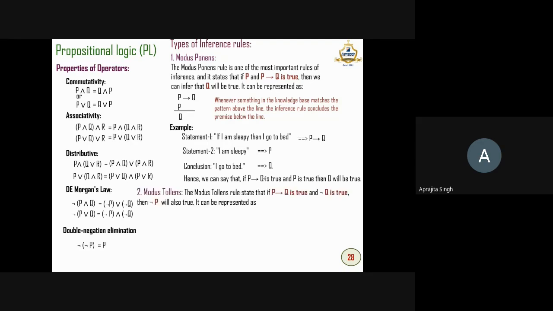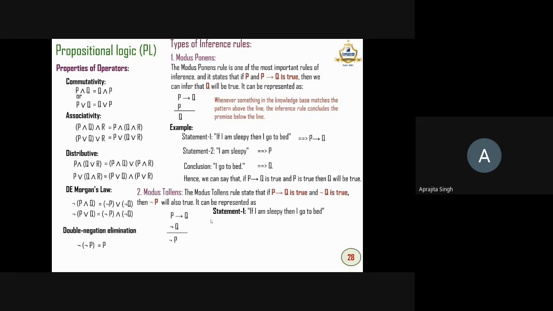There is something called the modus tollens, also called the law of denial. This rule states that if P leads to Q is true and negation of Q is true, then negation of P is also true. So it means that if something above the line is true, okay, then this is true. This is what is modus tollens.